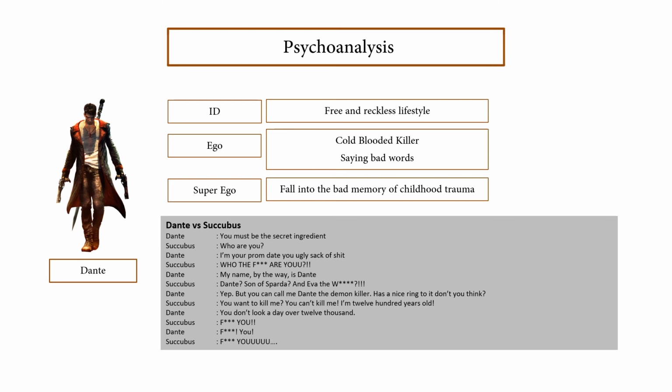In identifying Dante's personality further, Freud's psychoanalysis was used to reveal the id, ego, and superego of this character. As we can see from this example of dialogues, a lot of expletives were used by this character, who was always shown to be somebody who causes problems wherever he is. So he is depicted as a not so liked character.